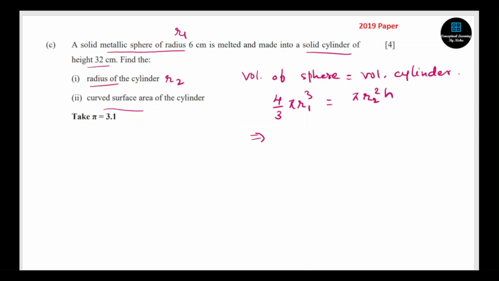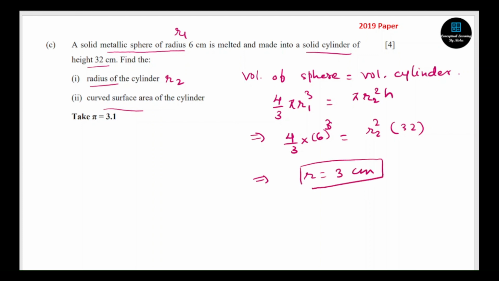We can simplify by putting the values. Let me quickly do this. So 4 upon 3, now R1 is 6, so I'll write 6 cube equals R2 square into 32. When I simplify this, it gives me R equals 3 centimeter. And now we have to find CSA of cylinder.